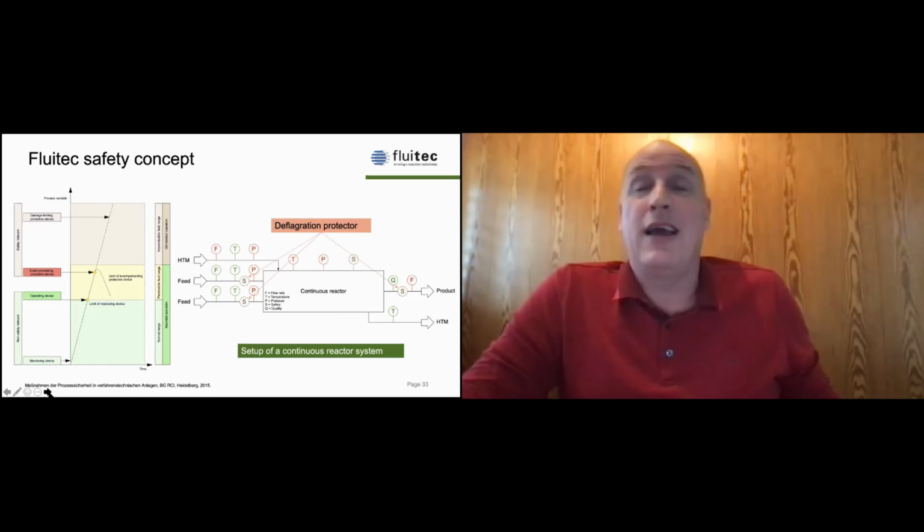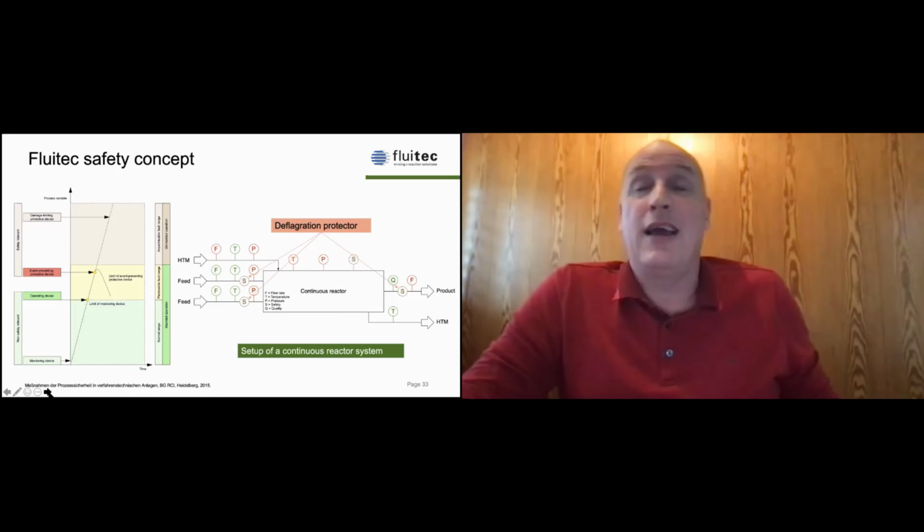Because if you have a decomposition or a deflagration in your reactor, it will run through your piping into the tank, and then you will have the same disaster. So what you need is a deflagration protector, and we invented this technology.